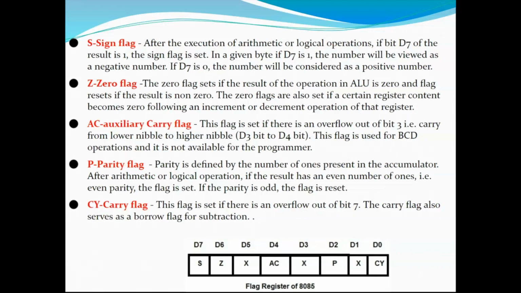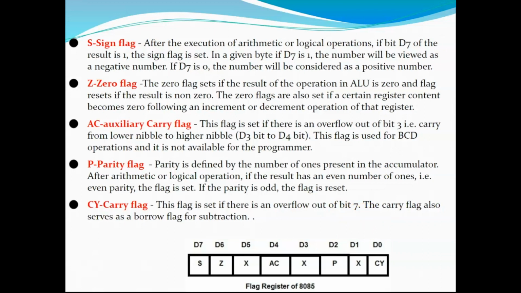AC, the auxiliary carry flag: this flag is set if there is an overflow out of bit 3, that is, a carry from the lower nibble to the higher nibble, from bit D3 to bit D4. The flag is used for BCD operations and is not available to the programmer.